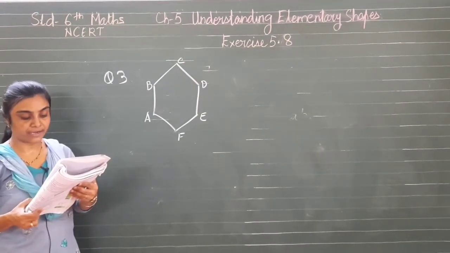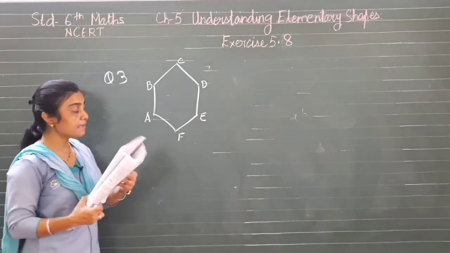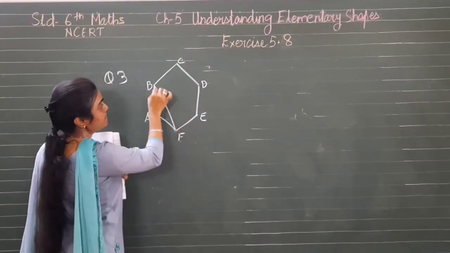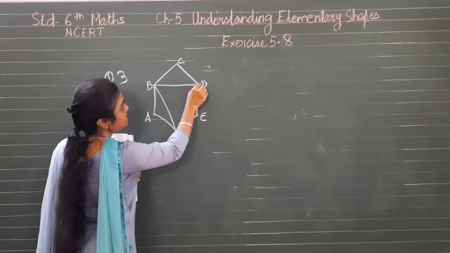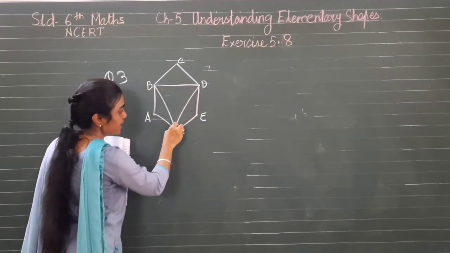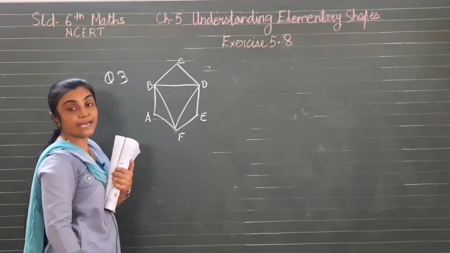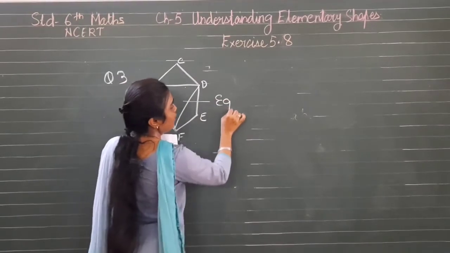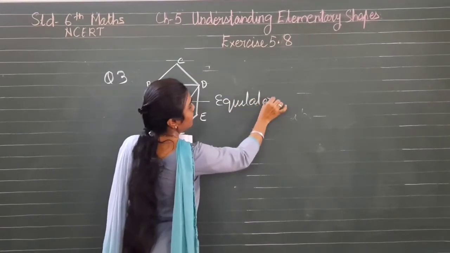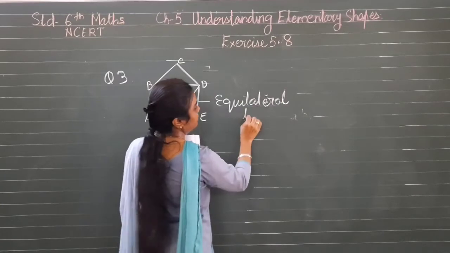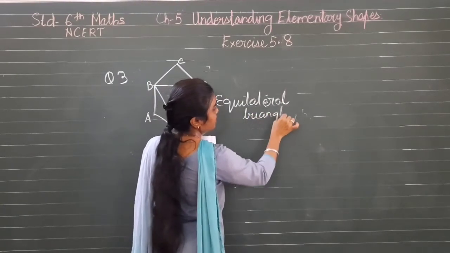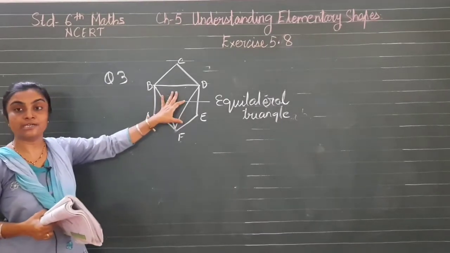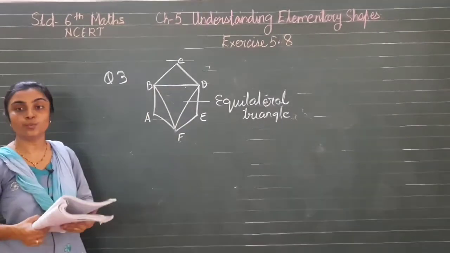Identify the type of the triangle you have drawn. Now I am connecting F with B. One vertex, second vertex, and this is the third vertex. I have connected all the 3 vertices and you have to identify the triangle. So this triangle you have made is an equilateral triangle. So from the regular hexagon we have made an equilateral triangle by joining 3 vertices.